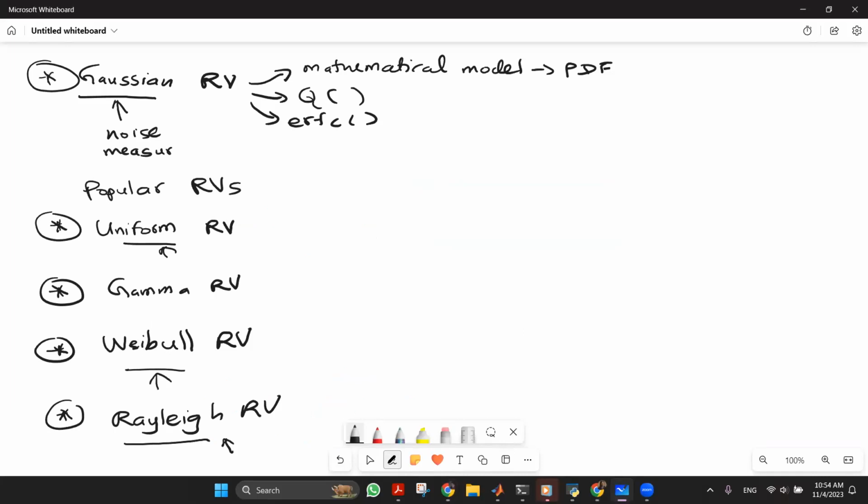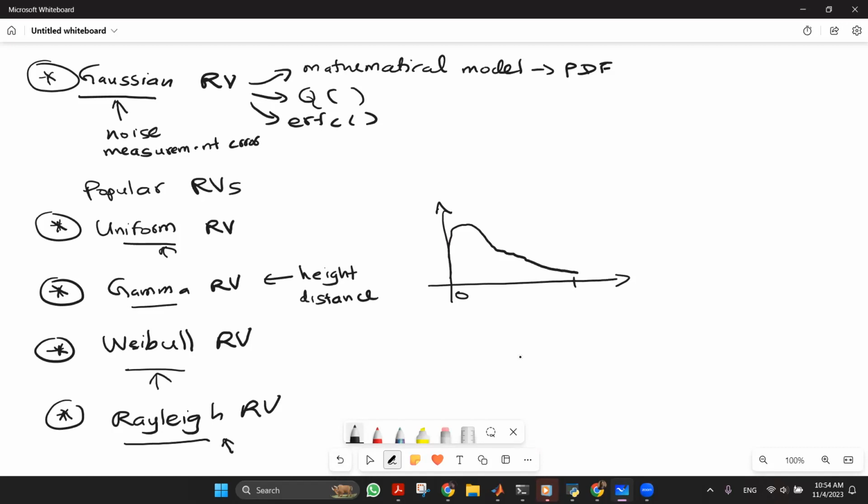And as I said before, other parameters such as height or distance, which are positive random variables, I can define using the gamma distribution. Gamma is a fully positive distribution, and it has probability values for random variables above 0 only. The probabilities of those events occurring we can find using this gamma distribution.